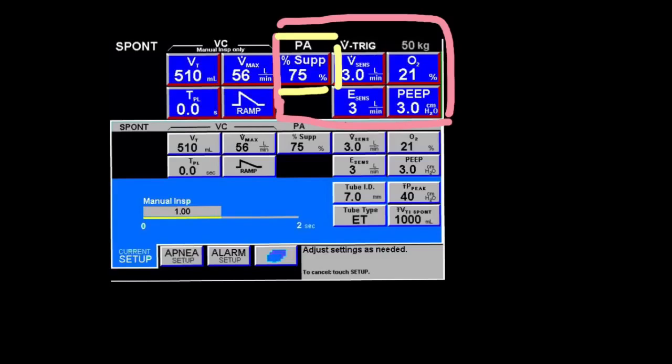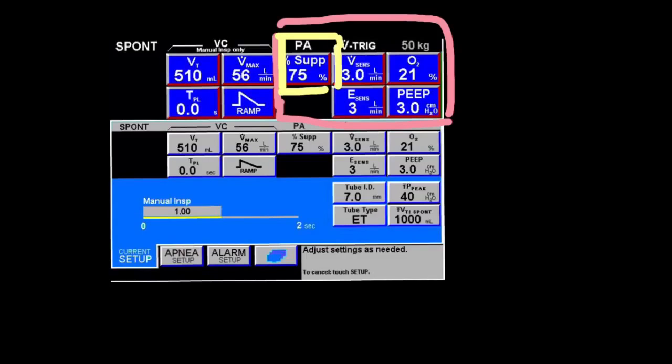That's pretty much the only setting you set with PAV Plus, which is much different than proportional pressure support. So by setting a percent support, this is turning the mode into an amplifier, or how much you want to amplify the patient's effort, or how much you want to support them.